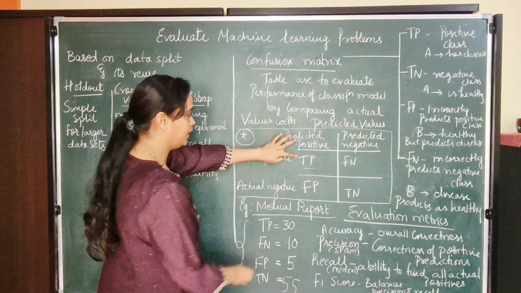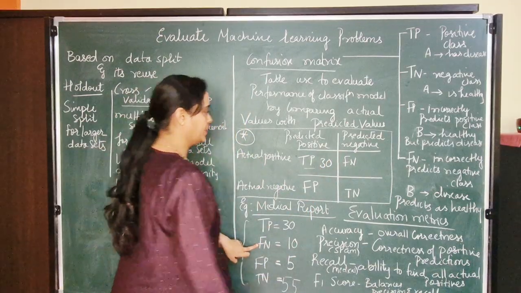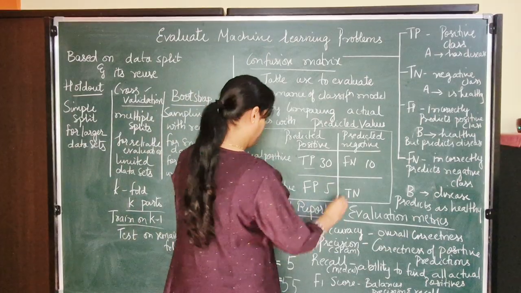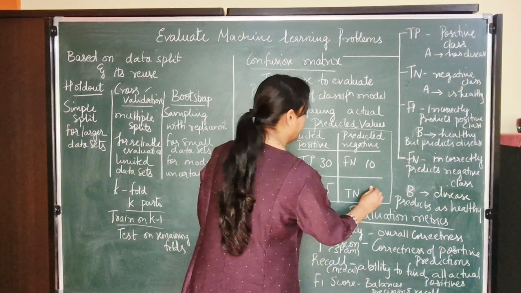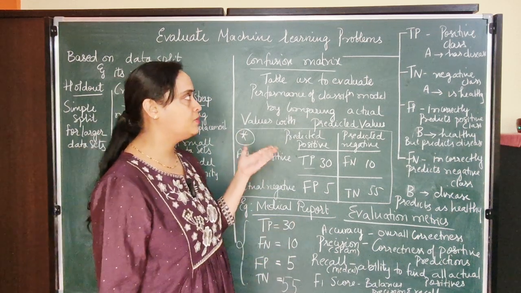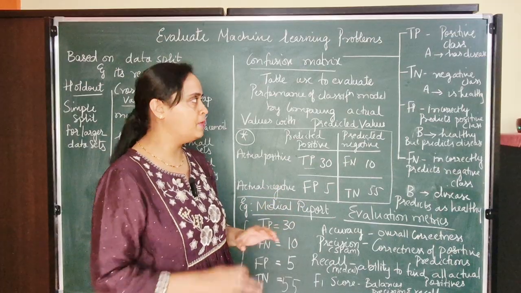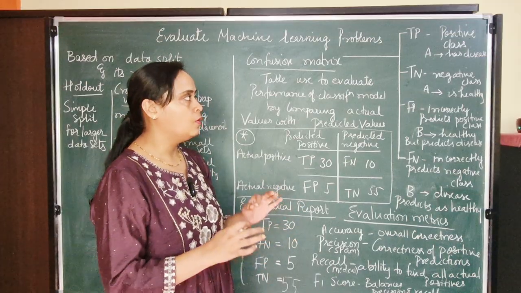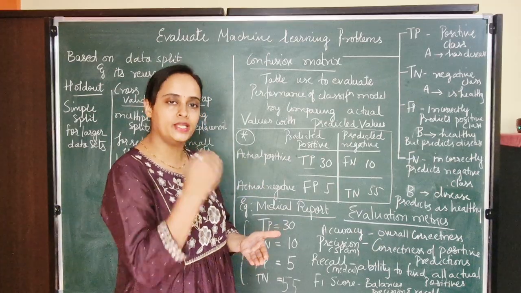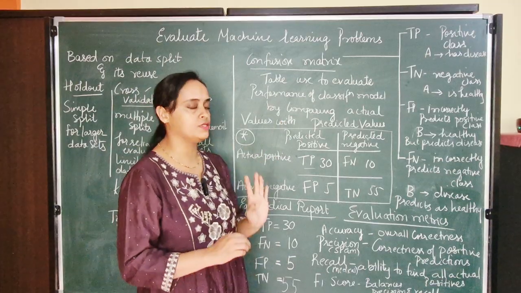How much is TP? 30. False negative 10. False positive 5. True negative 55. Now it is very important to understand the relation between true positive, true negative, false positive and false negative. I will make it very simple. When a person actually has the disease and is predicted as diseased, it is true positive.